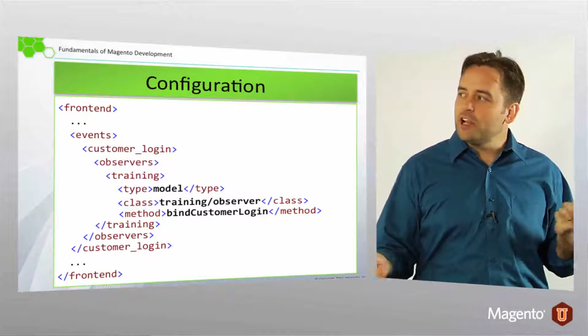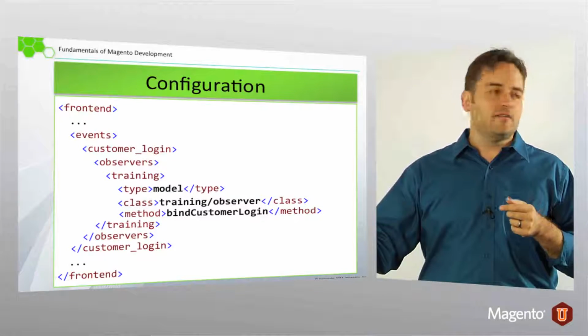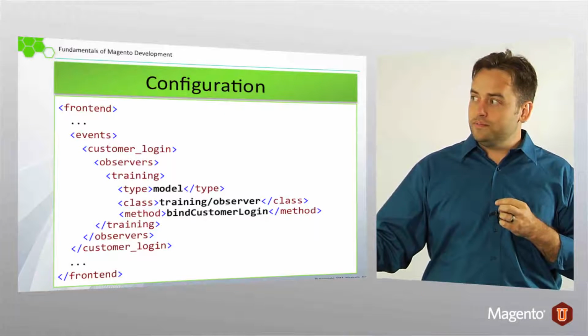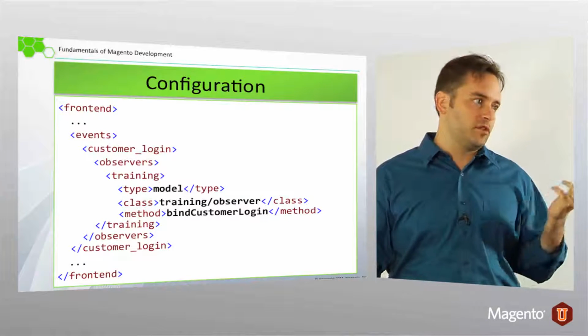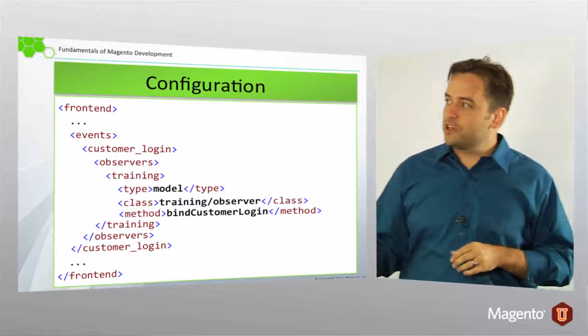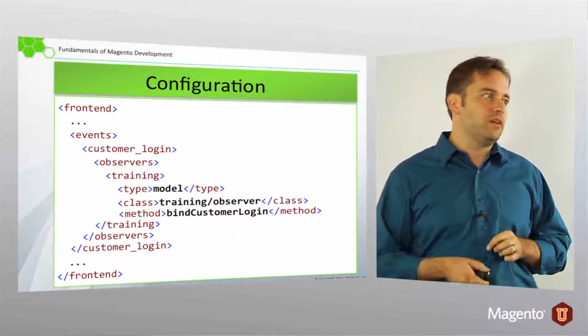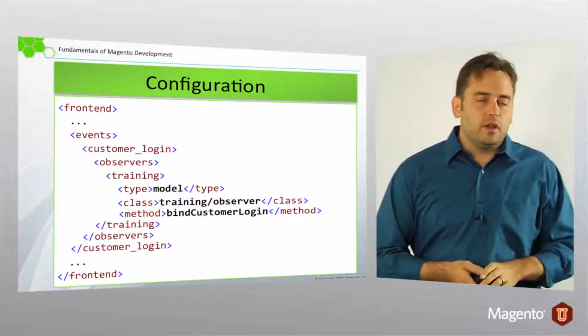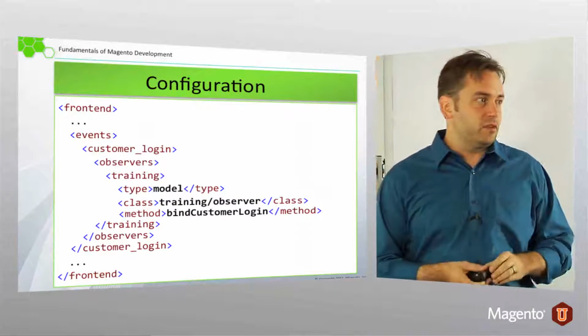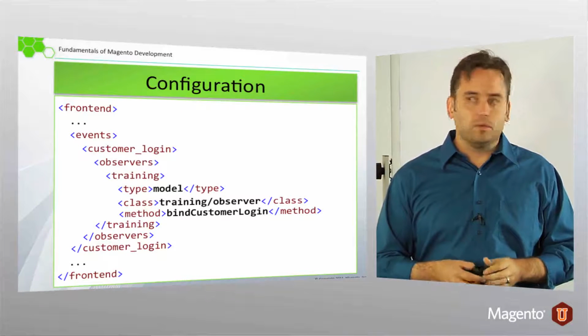So basically, the configuration is going to look for the event node. Inside the event node, look to see if there are any children of observers. And any children of observers, the system would attempt to instantiate as an observer model.